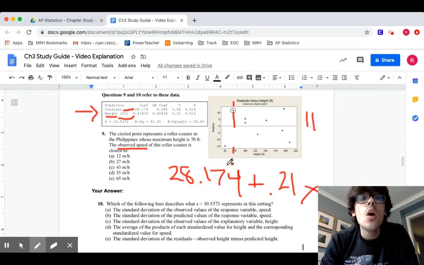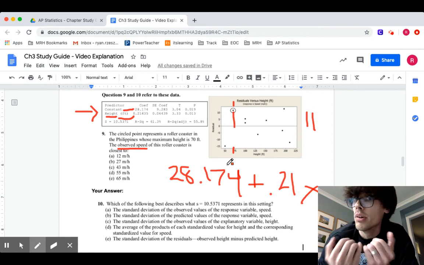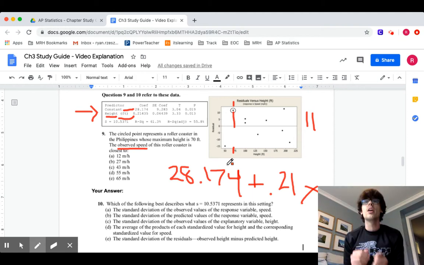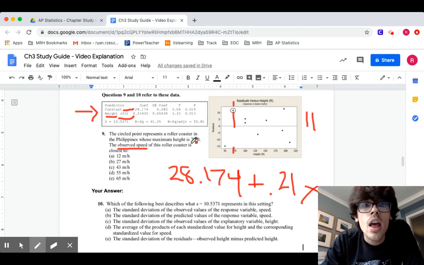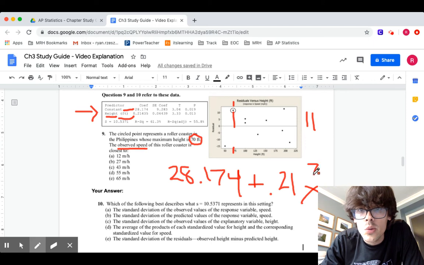Okay? What you have to do to get the observed speed is you need to first of all figure out what would the predicted speed be. Because we know that residual is actual minus predicted, but we don't know what the prediction is supposed to be. That's why they fed us this 70 right here. So what you're going to do with this problem is you're going to plug in a 70 in place of where you see x.